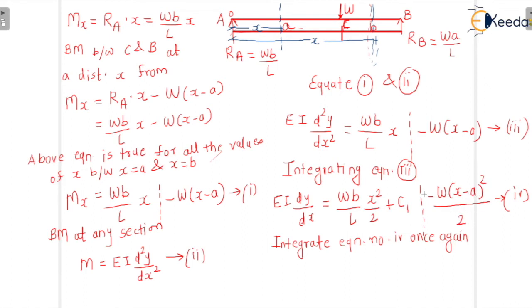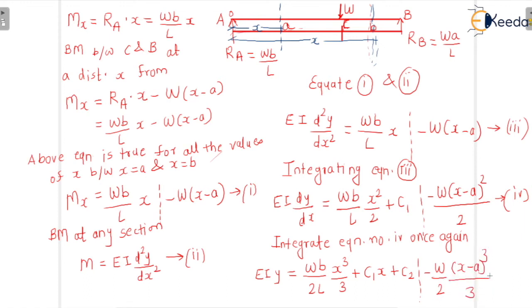So EI into y is equal to W b/(2L) x³/3 plus C1 into x plus C2 minus W/2 (x − a)³/3.